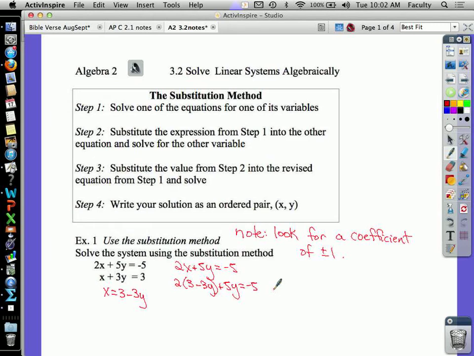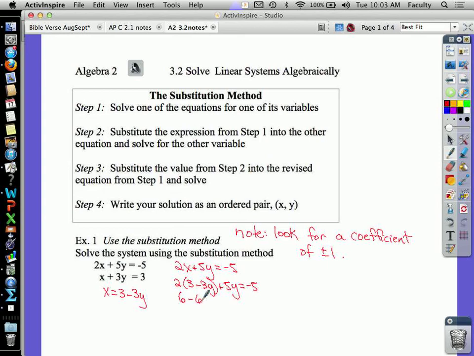When I substituted for the x in my new equation here. There's no x to find right now. Good job. Now there's only one variable. I can solve it, but when I have 2x plus 5y equals negative 5, I can't figure that out. But if I can get down to one variable, I can figure that out.